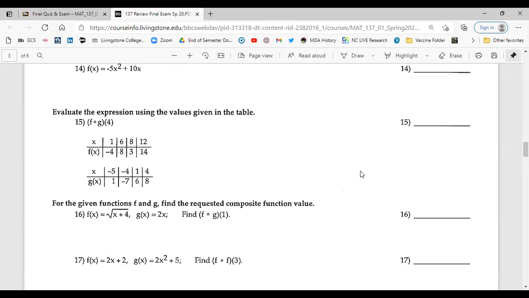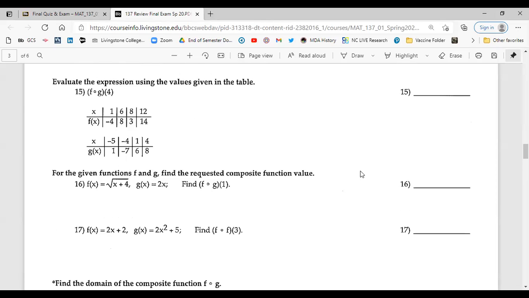All right, 15. Evaluate the expression using the values given in the table. Okay, so this has to do with composite functions. So basically, we need to see that one.